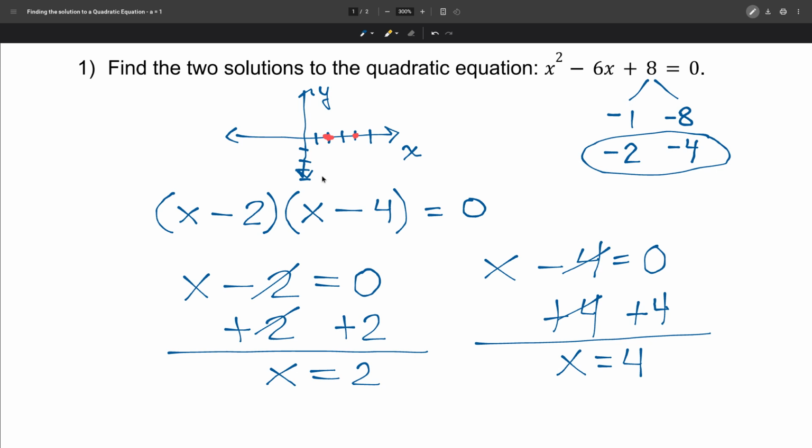We're going to have a vertex at x equals negative 3. So we plug in negative 3 here, we get 9. No, sorry, at x equals 3. So we get 9 minus 18, so negative 9, plus 8, so that's negative 1.